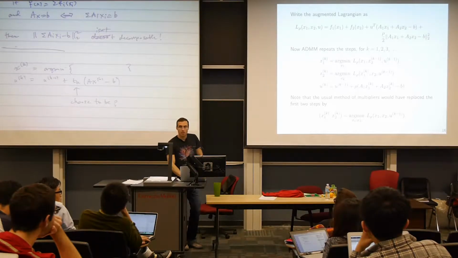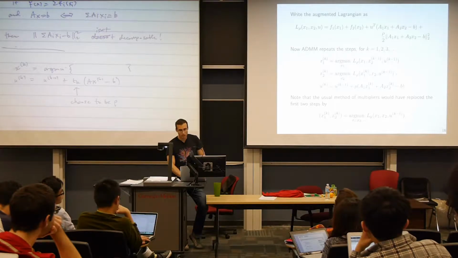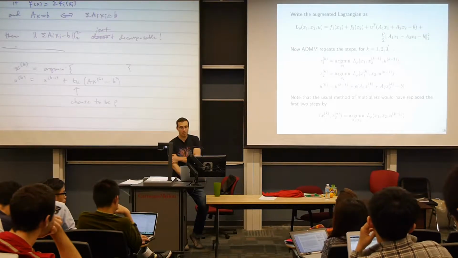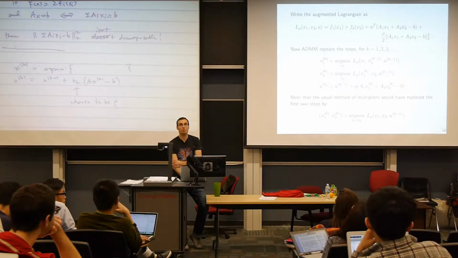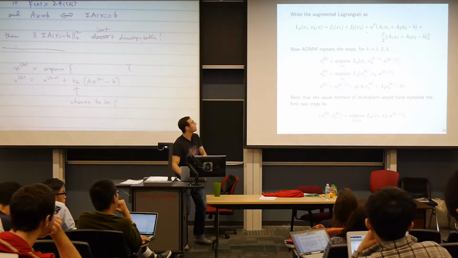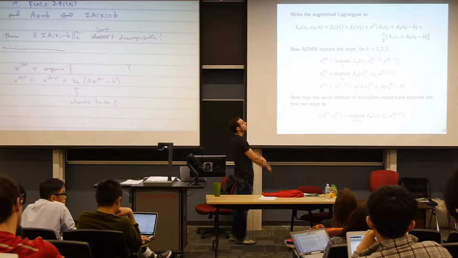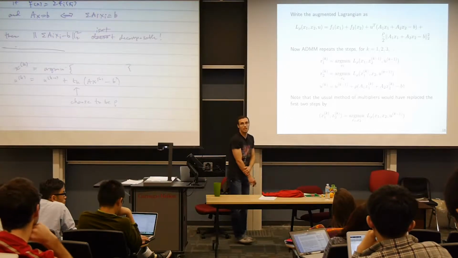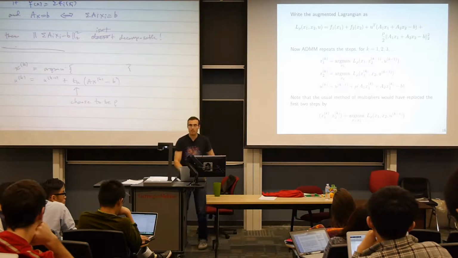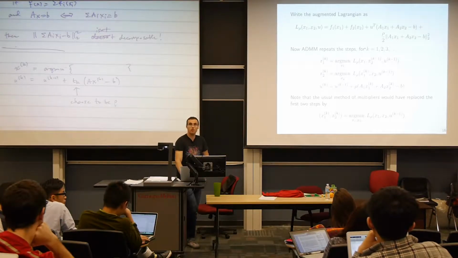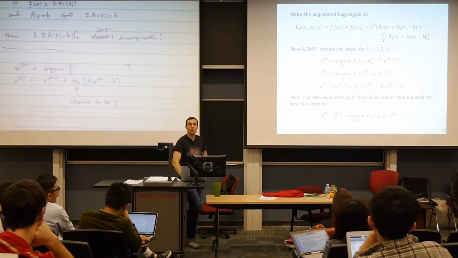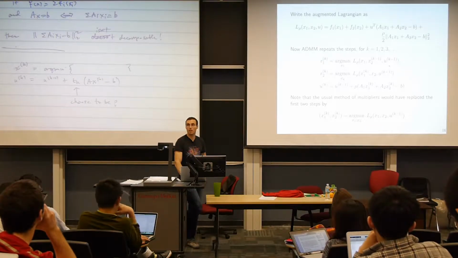And ADMM repeats the following steps now. It first does a minimization of this augmented Lagrangian, which is f1 of x1 plus f2 of x2 plus u transpose (Ax minus b) plus that augmented term rho over 2 times the norm of Ax minus b squared. It first minimizes that over just x1 with x2 and u fixed at their current values.